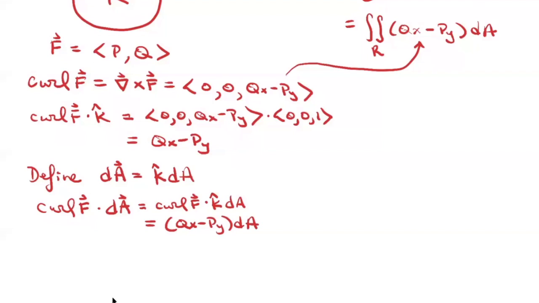I want to make this look like the double integral of the curl of the field dotted with dA, the vector differential, over the region R.